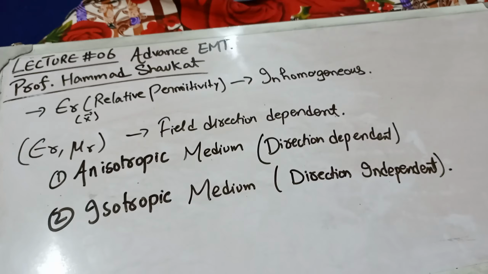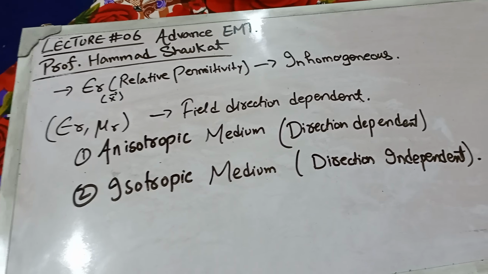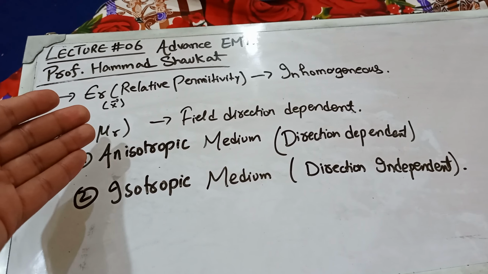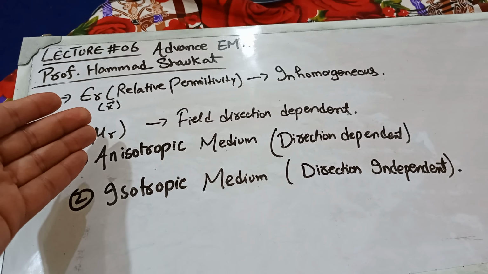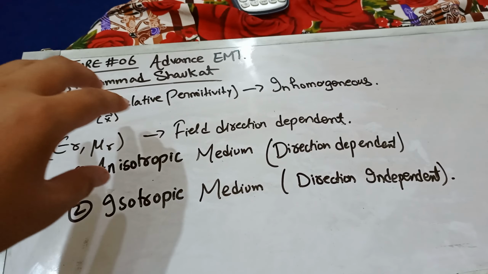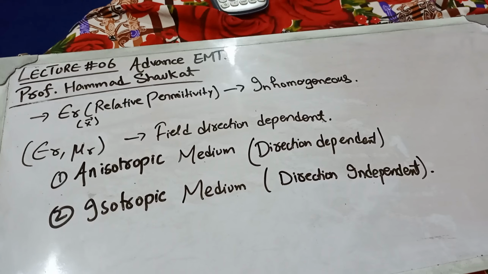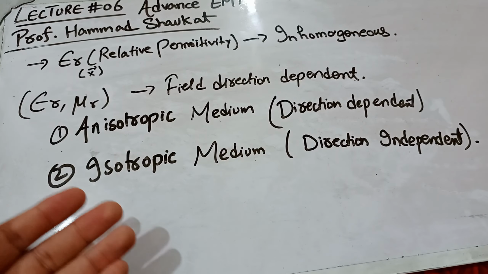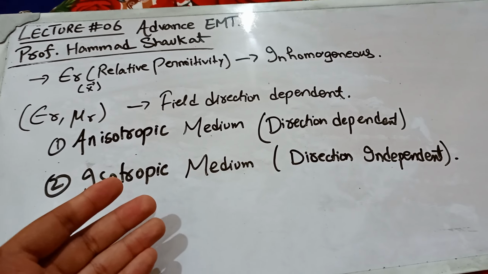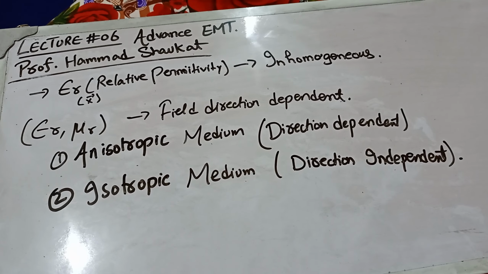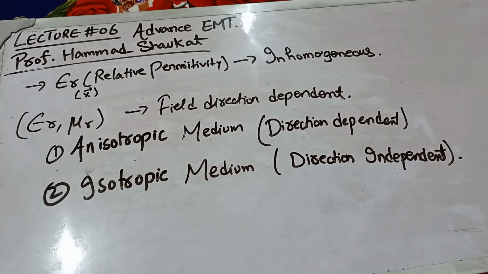Okay, so anisotropic are those that are direction dependent, like your epsilon r, the relative permittivity, or the relative permeability mu r. Those both are anisotropic mediums, direction dependent. So there are some mediums that are not direction dependent, they are independent of direction, and those are basically the isotropic mediums.